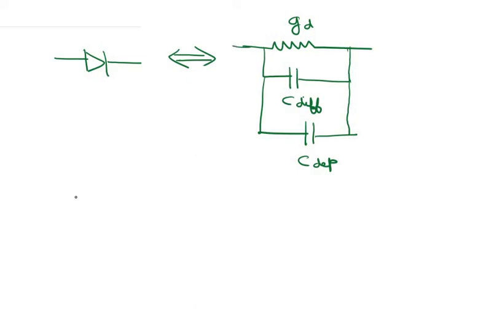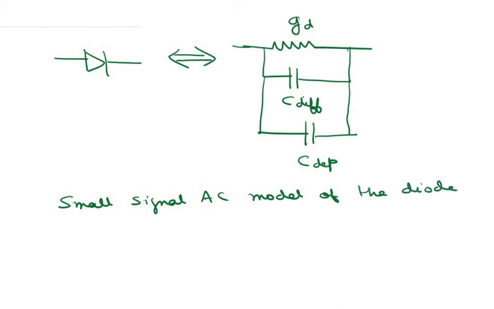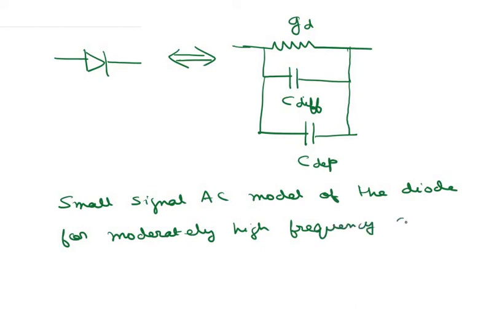Okay, so this is the small signal AC model of the diode for moderately high frequency or high frequency.